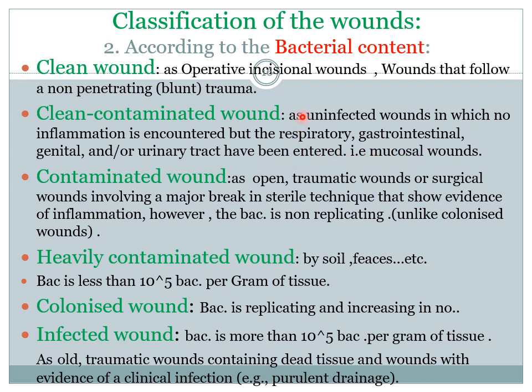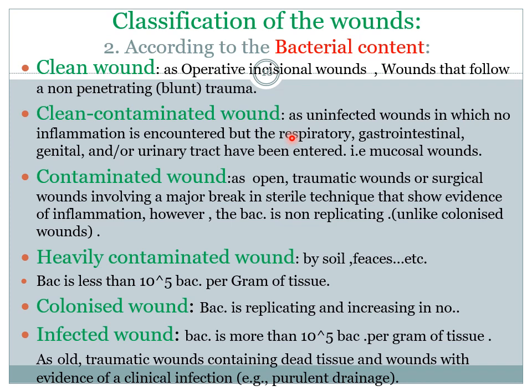Because these sites usually contain microorganisms, when you operate on them, the wound here is called clean contaminated. It is contaminated, not infected, because there is no inflammatory process involved here. So clean contaminated wounds are those seen in operations in the respiratory, GIT, and urinary tracts.